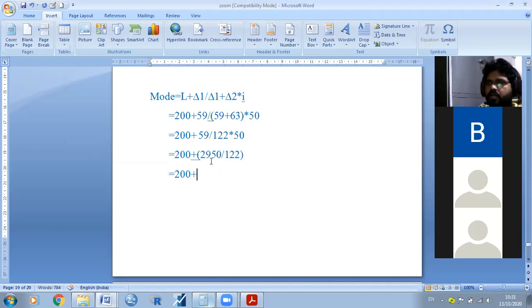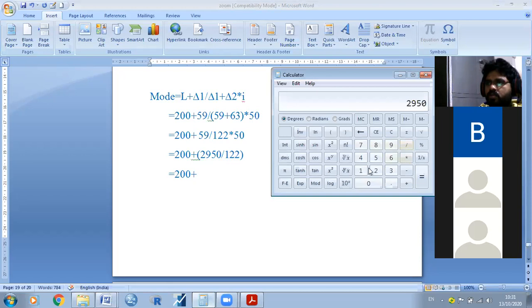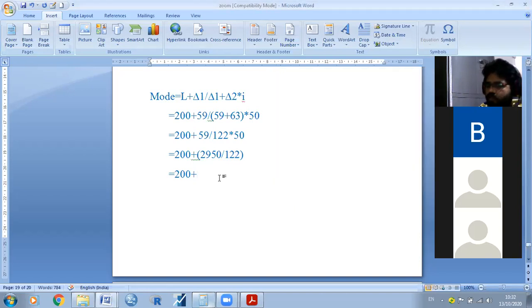So when you divide 2950 by 122, you will get 24.18. Then it is equal to 200 plus 24.18. You will get 224.18. Okay, so this is the answer.